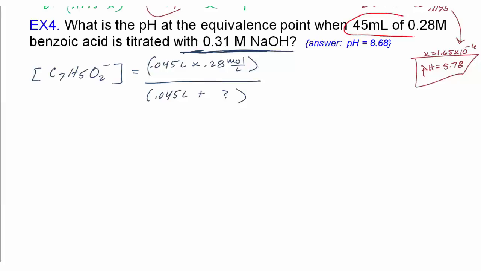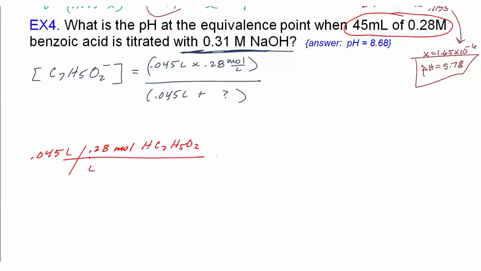Start with the known, and we'll convert that to liters of NaOH. 0.045 liters, and in a liter, I've got 0.28 moles of this benzoic acid. And then it reacts 1 to 1.